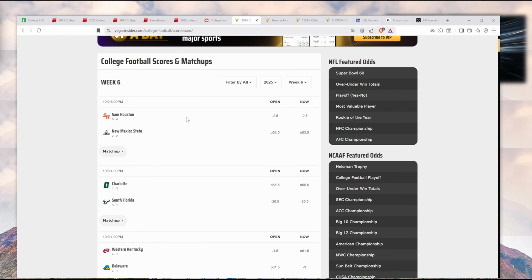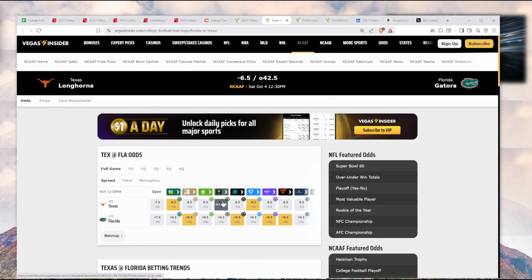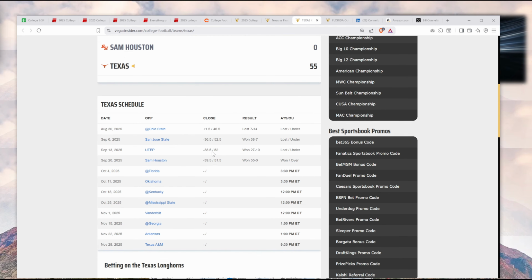Minus 2.5 means that Sam Houston is the road favorite. Now, the way to use this information is, one, if you're looking at the point spread, the deviations from the ESPN power ratings.